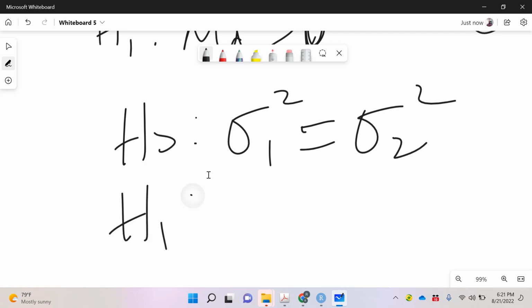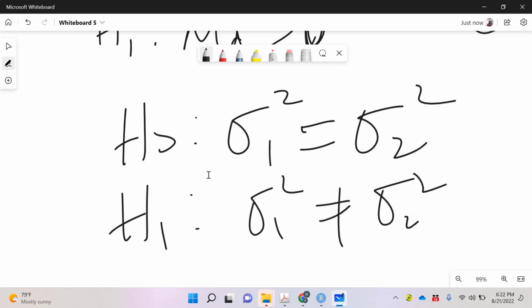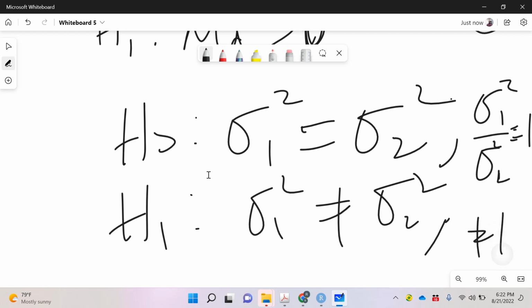That's against H1: sigma1 squared not equal to sigma2 squared. Remember, in these tests we use ratios, right? So that's why you have an F test. So we'll have sigma1 squared over sigma2 squared, which should be equal to 1, right? The alternative means that ratio is not equal to 1. So that's the test we are doing now, which is an F test.